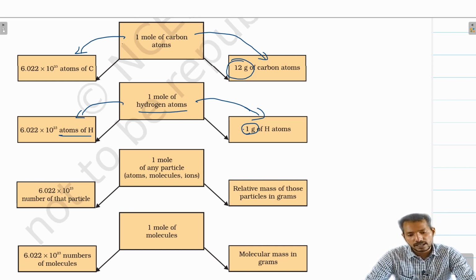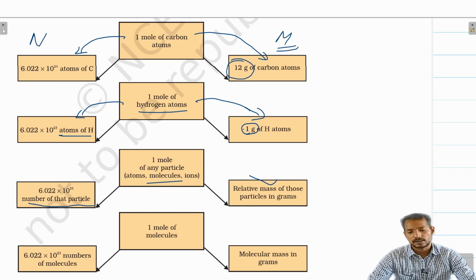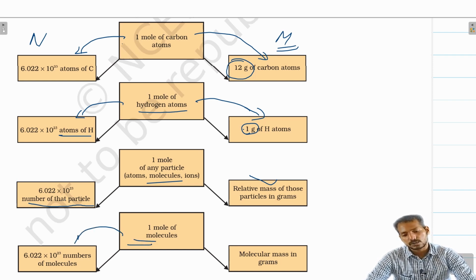Similarly, 1 mole of any particle has 6.02 into 10 raised to 23 of those particles, and the relative mass of those particles in grams will be the molar mass. So this is the number of particles and this is the molar mass. Clear? And 1 mole of molecules will be 6.02 into 10 raised to 23 molecules, not atoms. Similarly, the molecular mass in grams is the molar mass of that molecule.